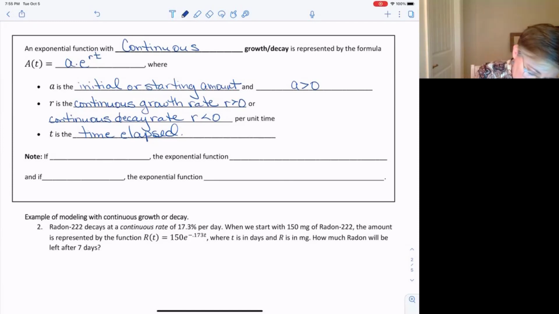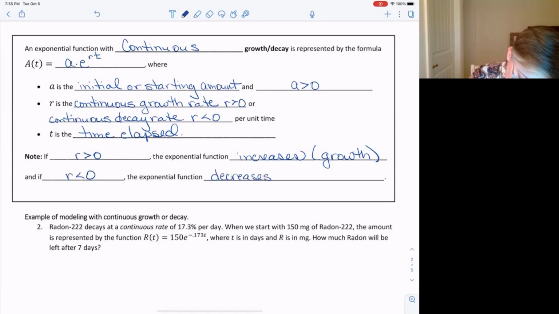So again, if r is greater than 0, the exponential function increases, which means we have growth. And if r is negative or less than 0, then the exponential function decreases, which means we have decay.